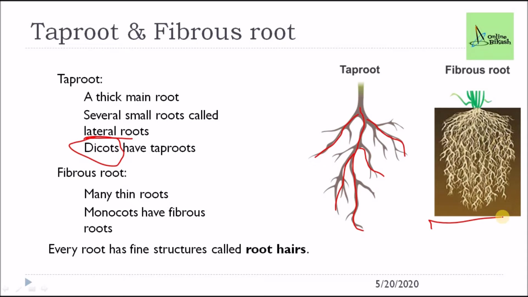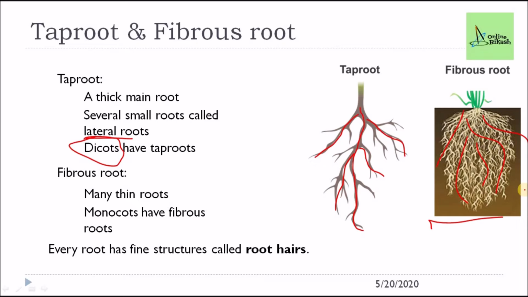In the fibrous root, there is no main thick root. It doesn't have any main thick root. It has just hair-like roots. So basically it is seen in the case of grasses.